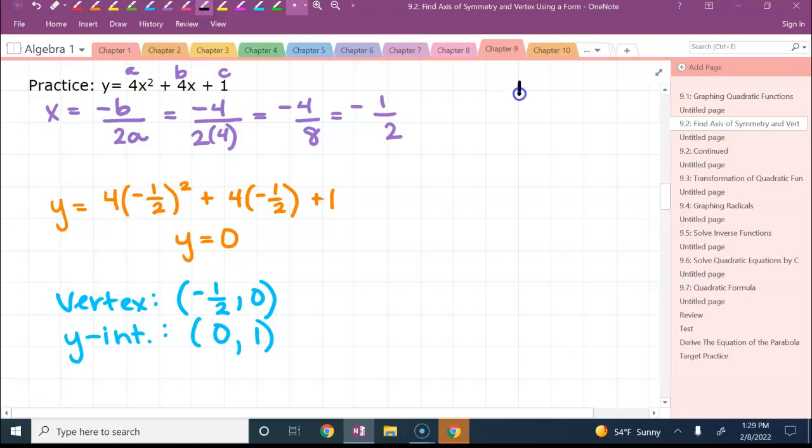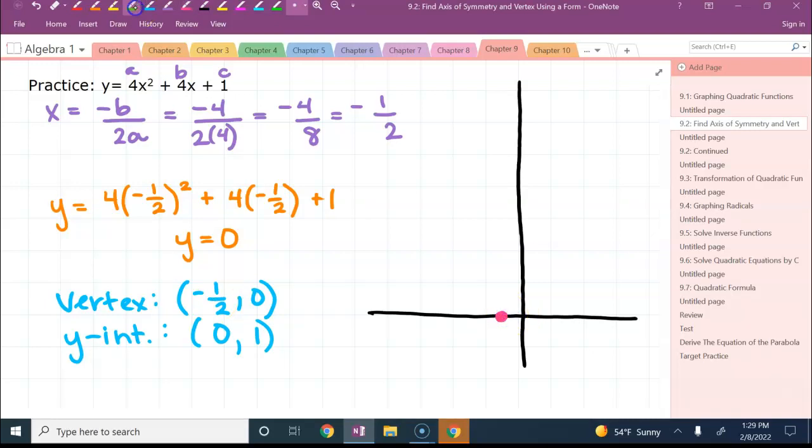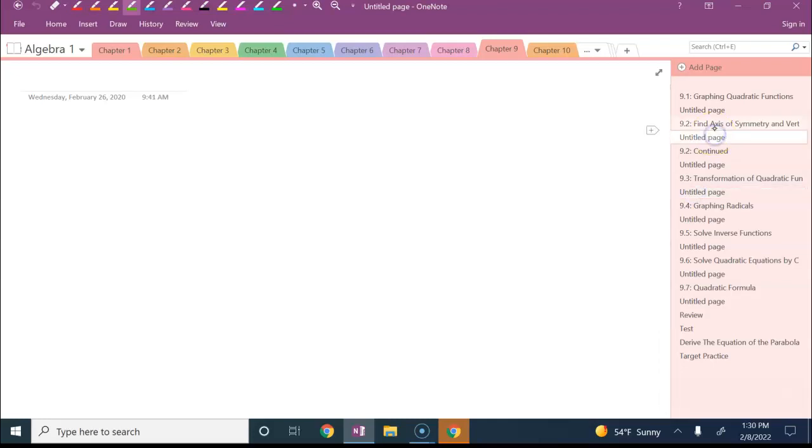Okay, so now I'm just going to draw my sketch of my graph over here. Again, my vertex is at negative 1/2, so I'm going to go over half, 0. That's going to be the middle of my graph there. If it's helpful for you to draw in that axis of symmetry line that goes through that, go ahead and draw that dotted line in.